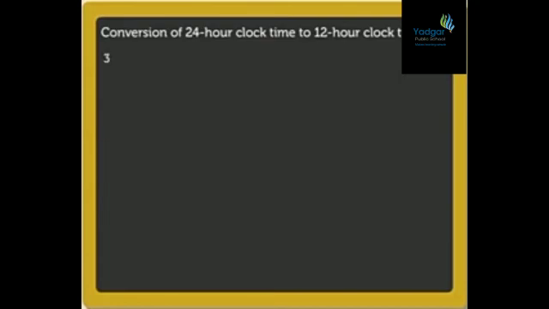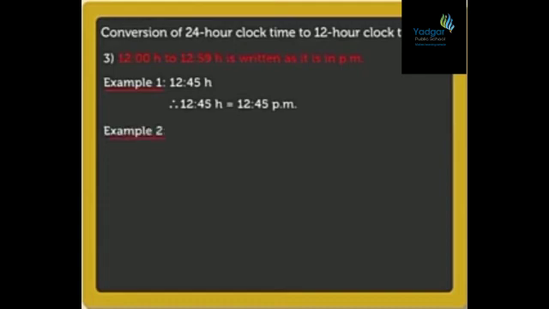The time from 1200 hours to 1259 hours is written as it is in PM. For example, change the time 1245 hours to 12-hour clock time. It will be written as 12:45 PM. 1220 hours is equal to 12:20 PM.